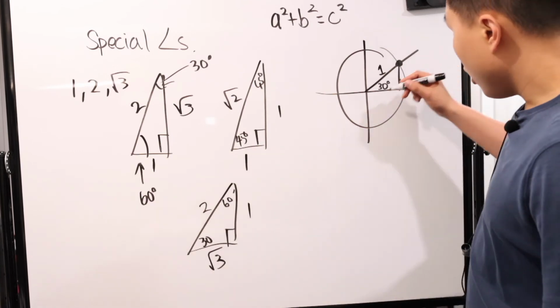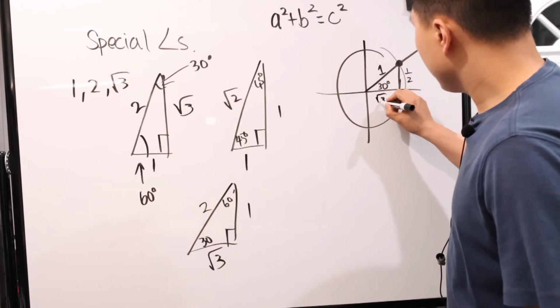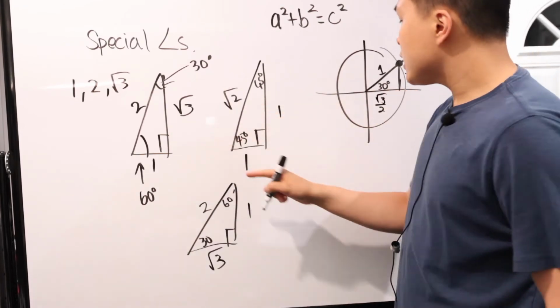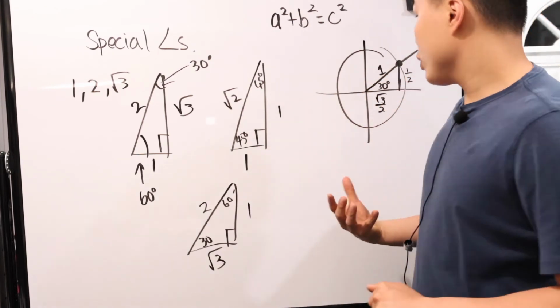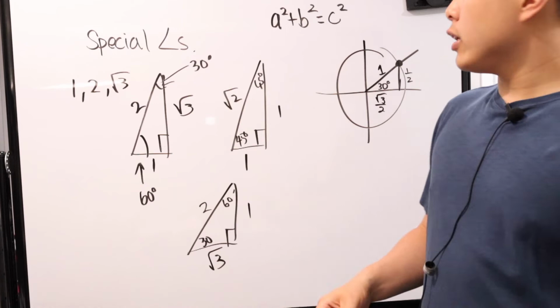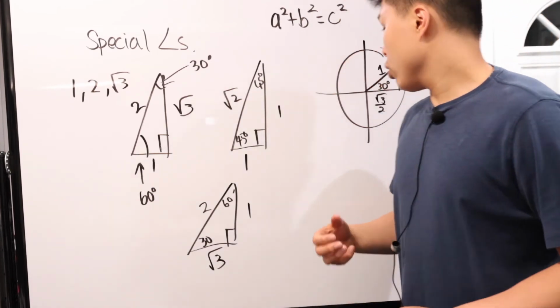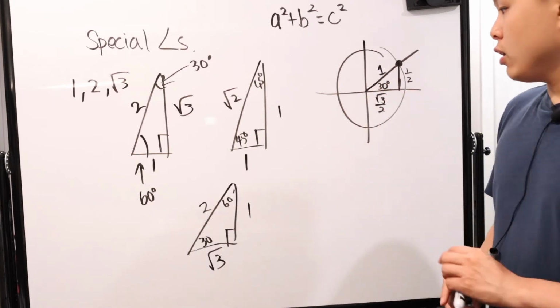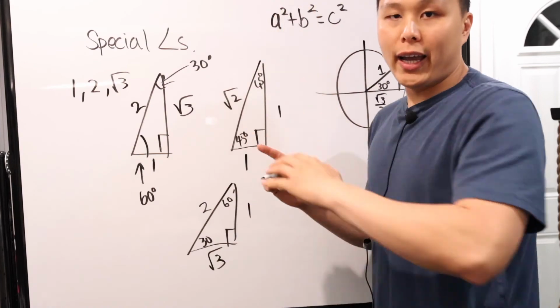So in this case, we know this is 1/2, and this is square root 3 over 2. So understand that these help you recreate the unit circle, and then of course, in situations where they want the unit circle in radians, you know how to convert this degree into radians, right? Simple as that. So that's the whole point of special angles or special triangles.